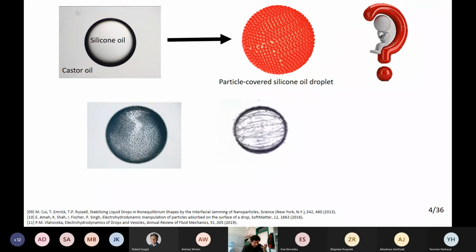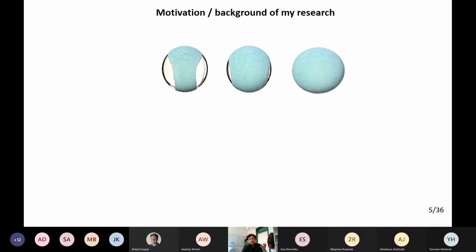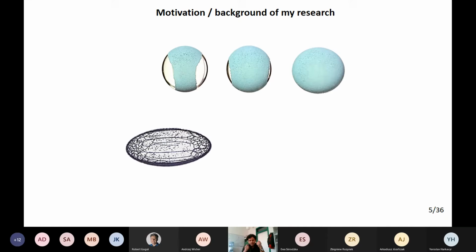So when I joined, my task was to study how the particle concentration changes the magnitude of the droplet deformation, and how the electrohydrodynamic flow is affected by changing the particle coverage at the droplet interface. Another task was to see how the particles arrange themselves at the droplet interface if we use different conductivities of the particle.